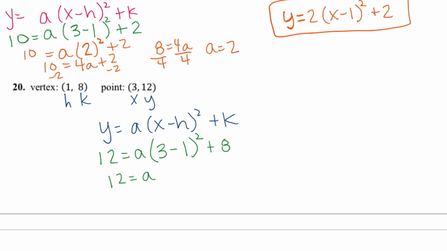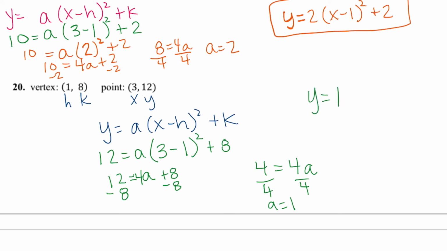So I have 12 equals a. 3 minus 1 is 2. 2 squared is 4. A times 4 is 4a plus 8. I minus 8 from both sides. And I get 4. Four equals 4a. Divide by 4. And my a is going to equal 1.